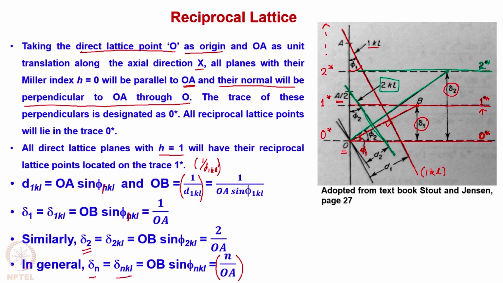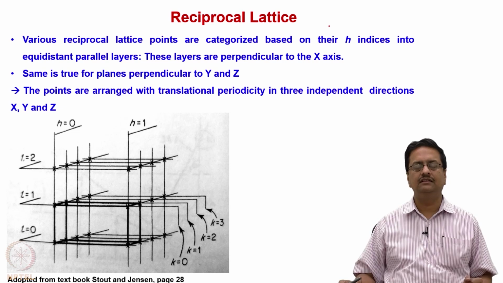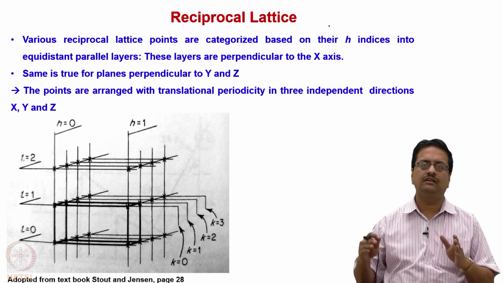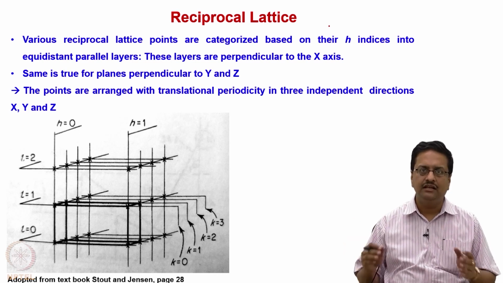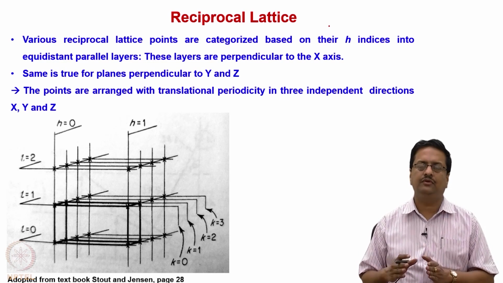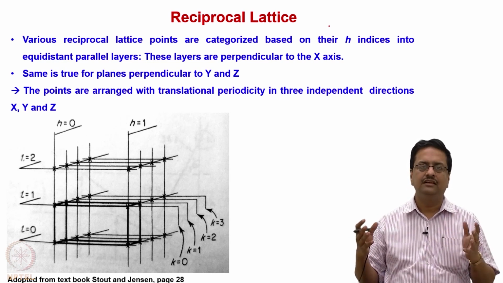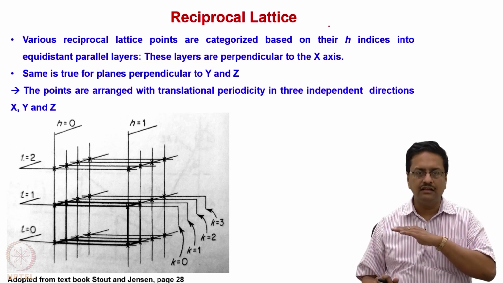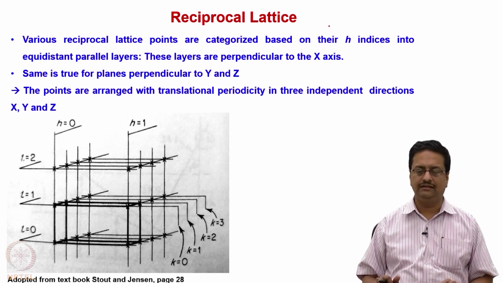And this is considered only in one direction, that is the direction of OA. The same can be considered in all the three directions. So when you expand the concept in all the three directions, what we get is a three-dimensional network of reciprocal lattice points, and every reciprocal lattice point in the reciprocal space signifies a particular plane in the direct lattice.